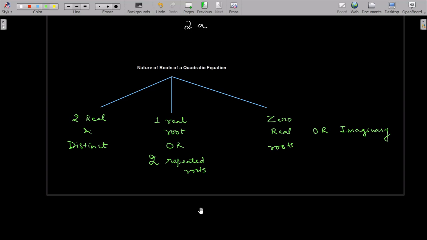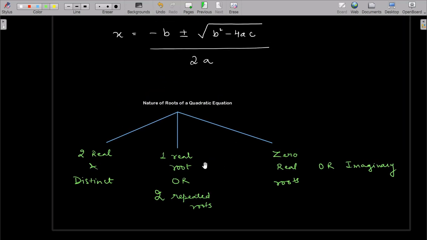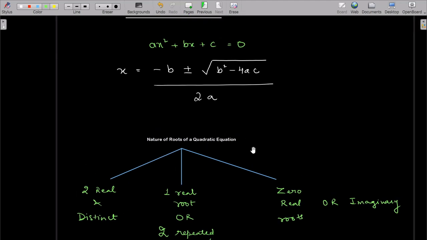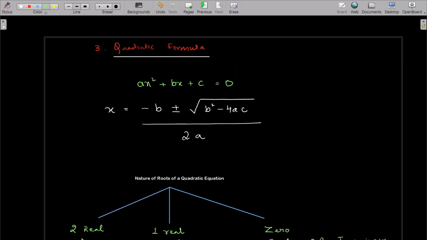Now how can we tell whether the roots will be real and distinct, or repeated, or imaginary, without solving the equation? For that we just have to calculate this quantity under the square root, b square minus 4ac.